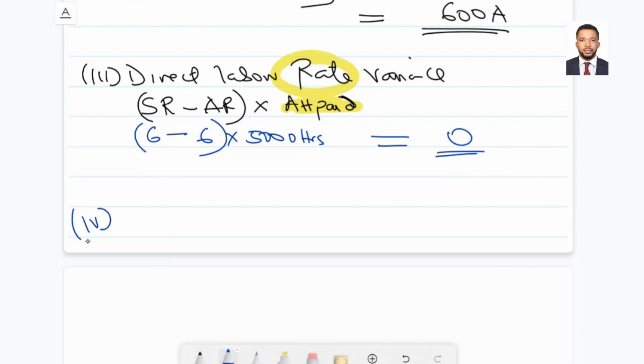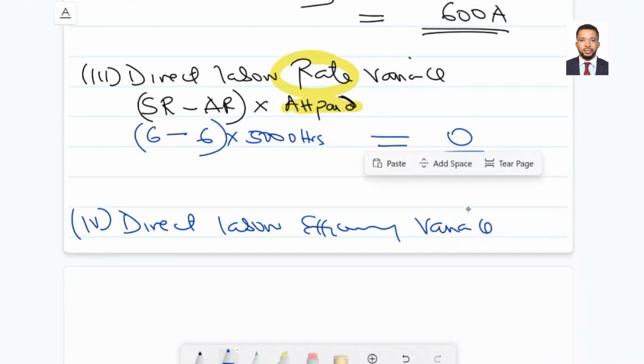Next, direct labor efficiency variance. Remember, efficiency variance is like direct material usage. Direct material usage is talking about usage of direct material. Efficiency is talking about hours utilization.